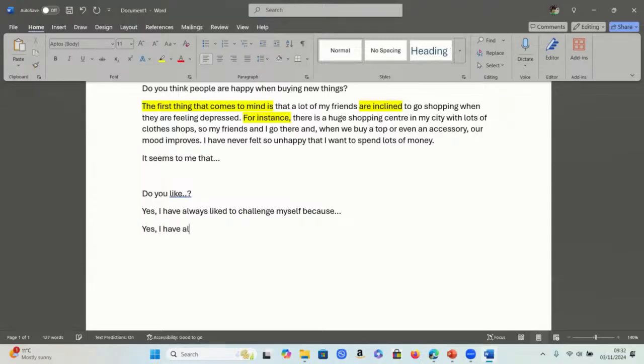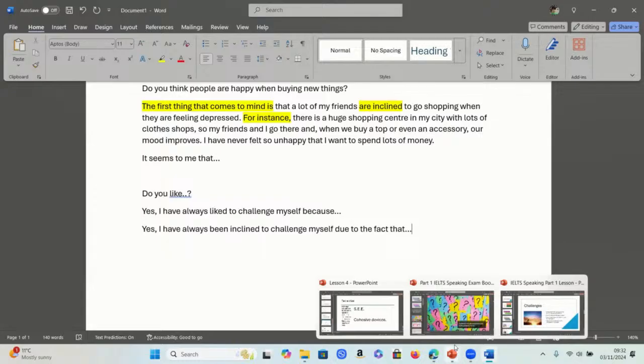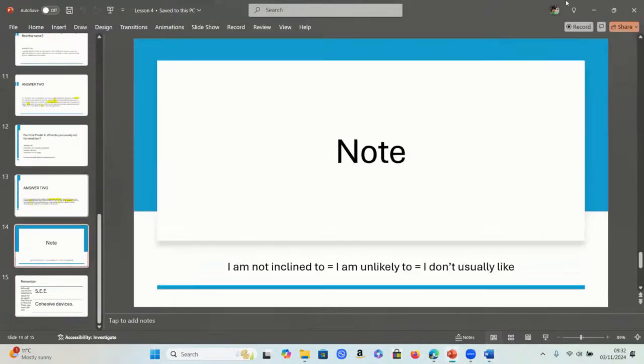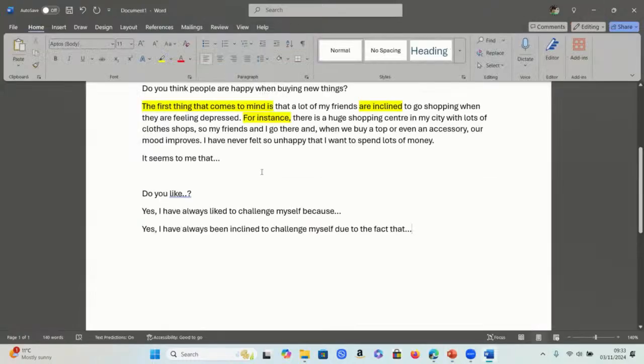You could say it better. I have always been inclined to challenge myself. Well, we say due to the fact that this time. It's the same thing, but the words are better. What was that other expression I said earlier that reminded us? I'm unlikely to. Oh, right. I am not inclined. I'm unlikely to do so.